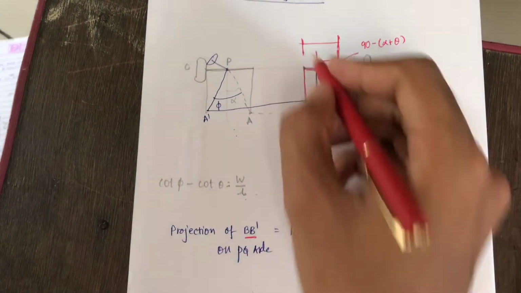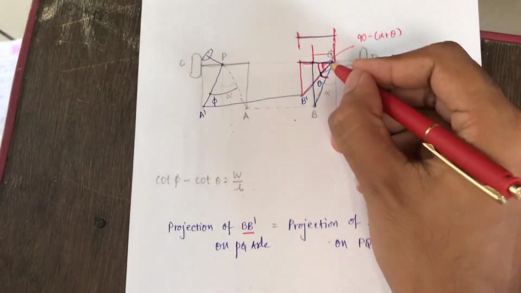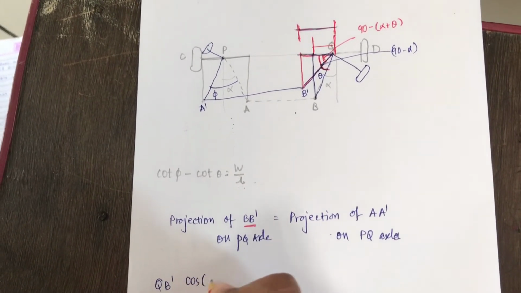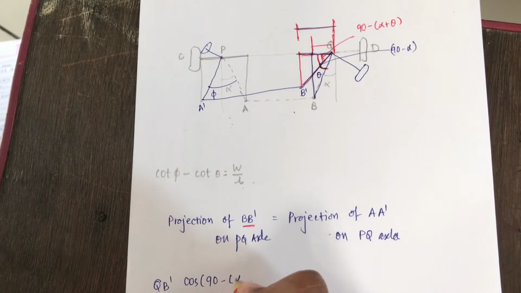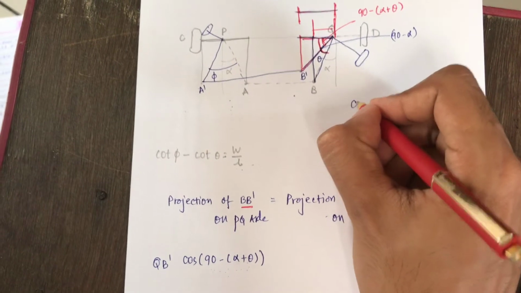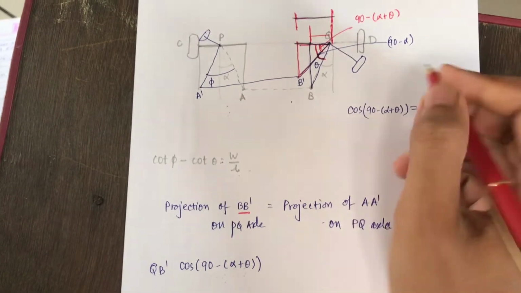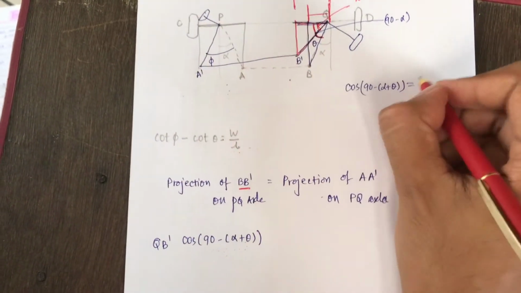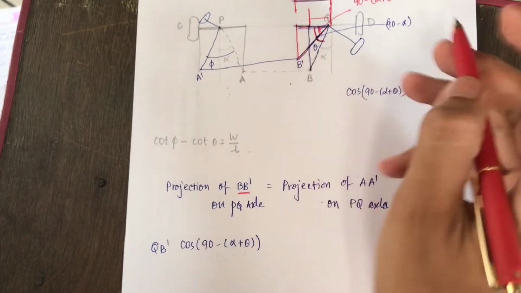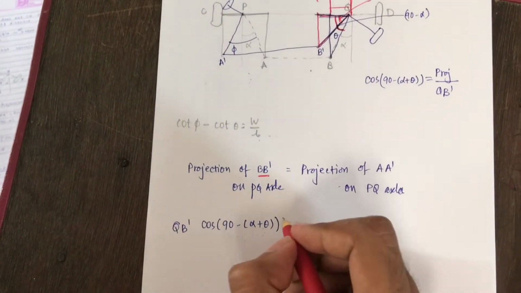So for the projection of BB dash we can write this longer side, which is the adjacent side, so we can write QB dash into cos of 90 minus alpha plus theta. How? In this red color triangle, what do we mean by cos of angle? The angle is given as 90 minus alpha plus theta. The adjacent side is the projection, divided by the hypotenuse, and the hypotenuse is QB dash. So the projection we can write as QB dash into cos of 90 minus alpha plus theta.